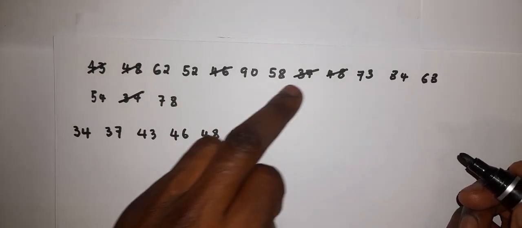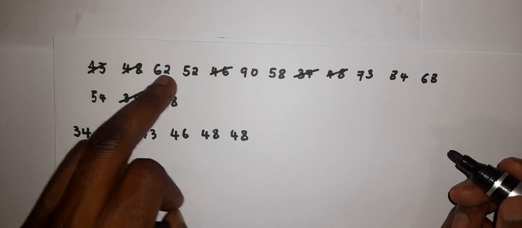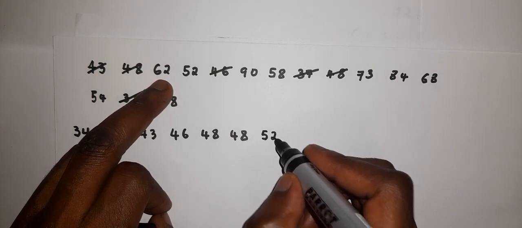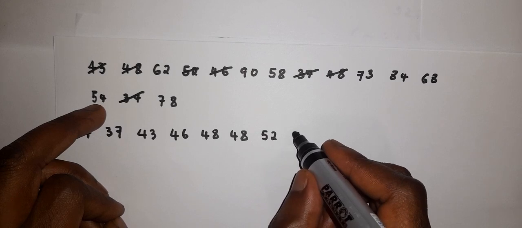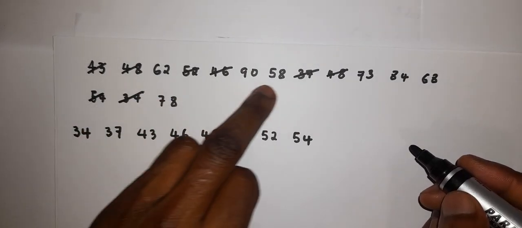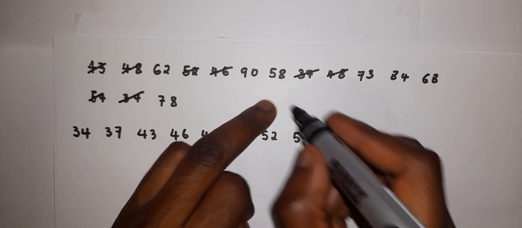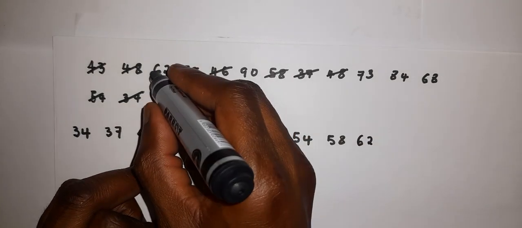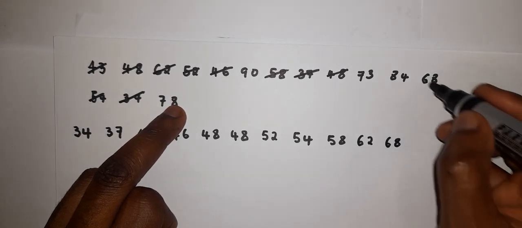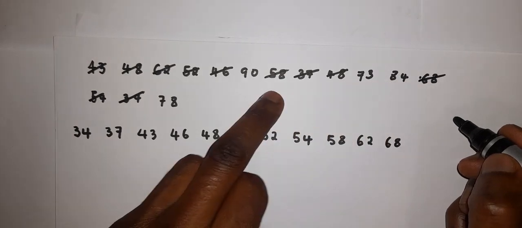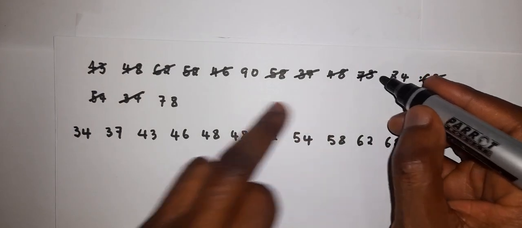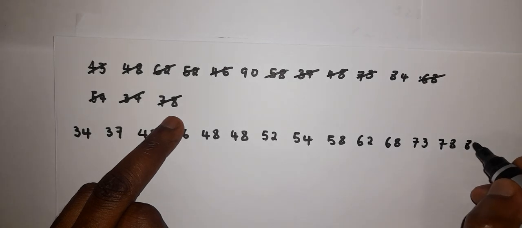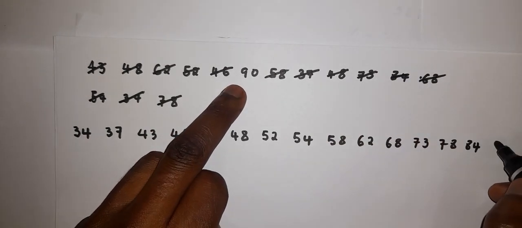So from the 50s, I can see a 52 there, a 54 there, then a 58, then a 62, a 68, a 73, a 78, an 84, and lastly the 90.